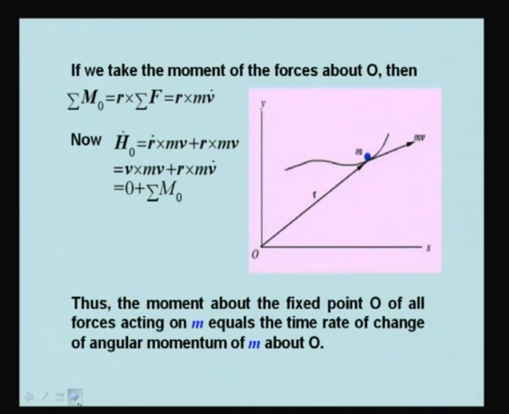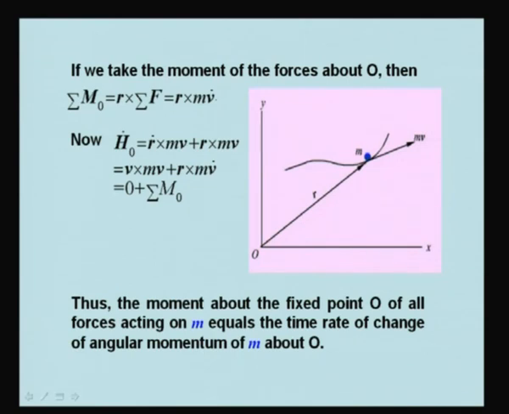If we take the moment of the forces which act on the particle about O, then sigma M0 will be R cross sigma F, that is R cross mv dot, because sigma F is equal to mv dot.